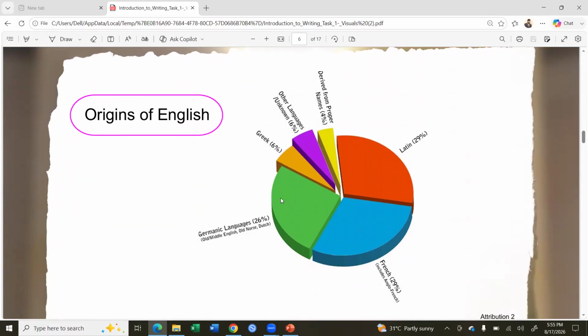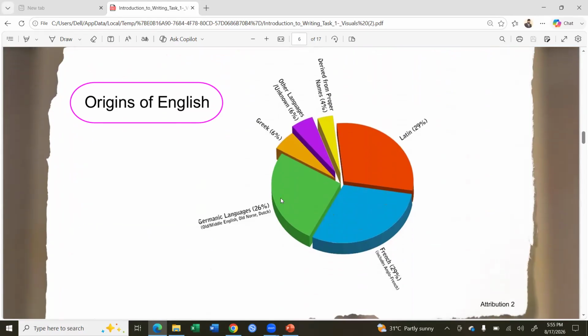Can you see this picture, this visual? Is it visible? Yes, sir. Okay, the title of this pie chart is Origins of English. कि कहाँ कहाँ से इंग्लिश ओरिजिनेट हुआ है। Now if we look, French and Latin, both of them, they are 29%.